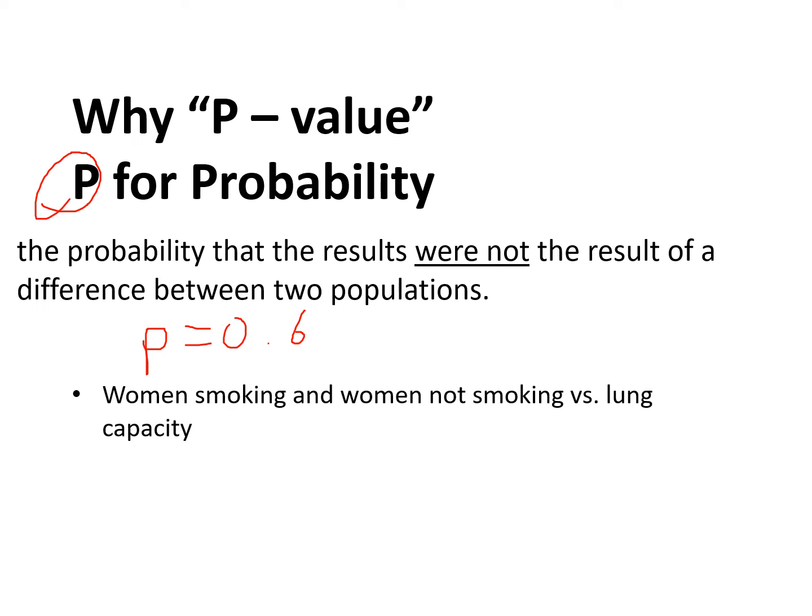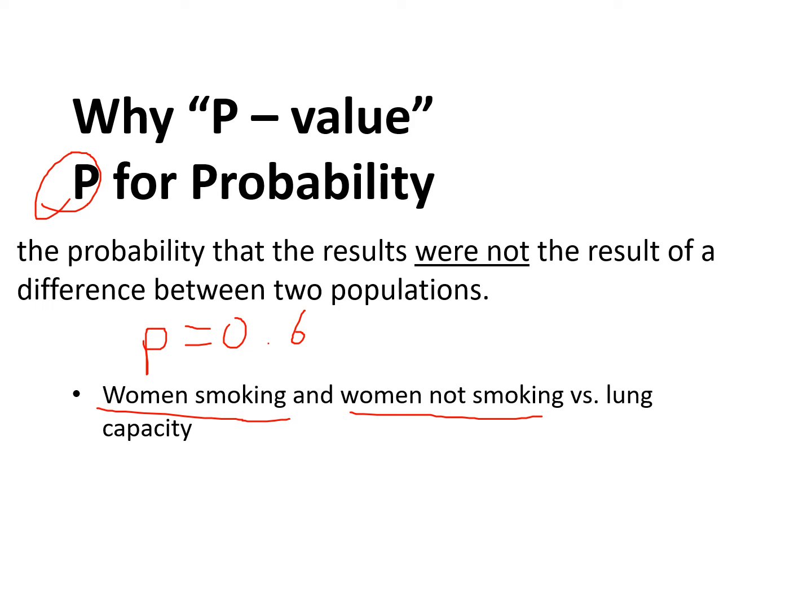were not the result of a difference between the 2 populations, or that women smoking and women not smoking, that there was no difference based on their smoking in lung capacity. So you may find that the women who smoked did have a lower lung capacity than the women who did not smoke, and you're wondering whether it just happened because you chose a whole lot of women athletes or something in the women not smoking, and of course you'd expect that they'd have higher lung capacity.